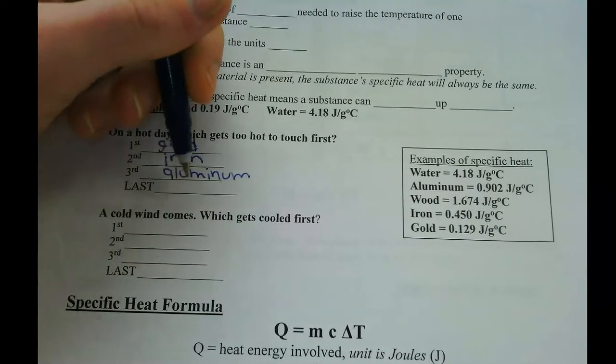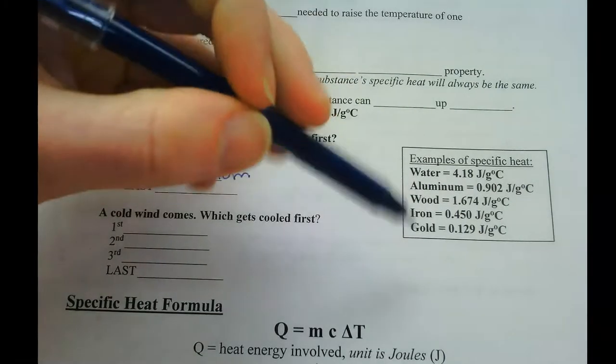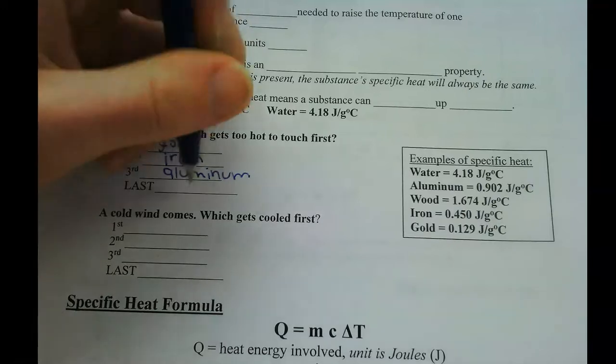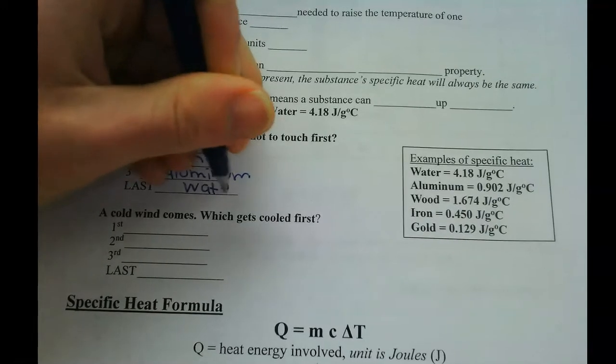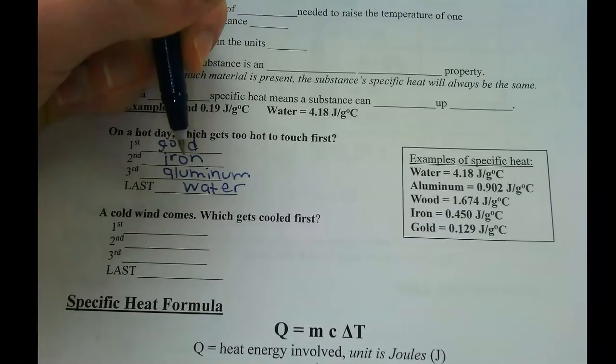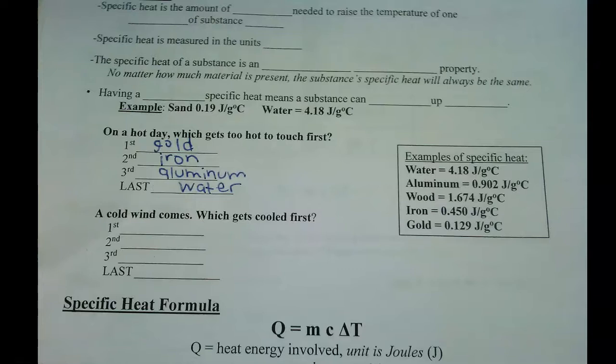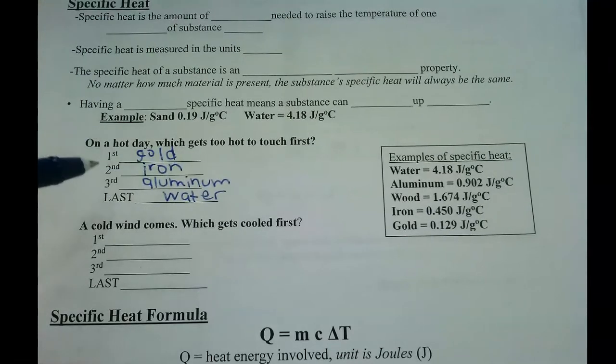Technically next would be wood, but very last would be water. And if you notice one thing about the specific heats, it's just like you would expect. These are all metals. Metals are very good conductors of heat. Water is a better insulator, so it's not going to conduct heat that way.